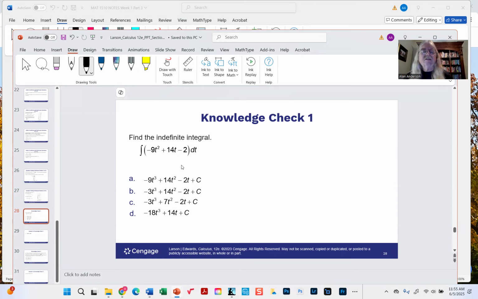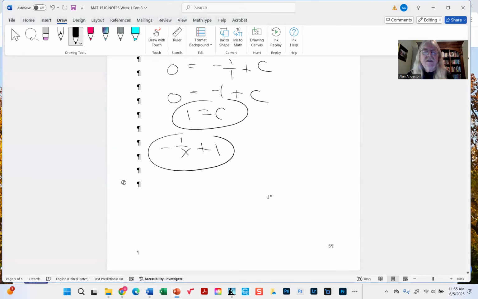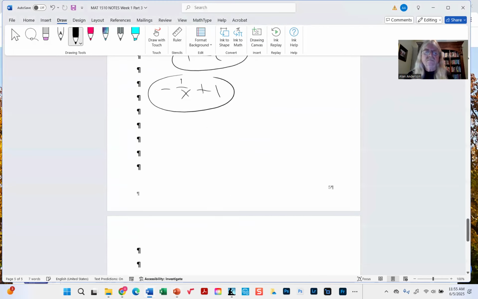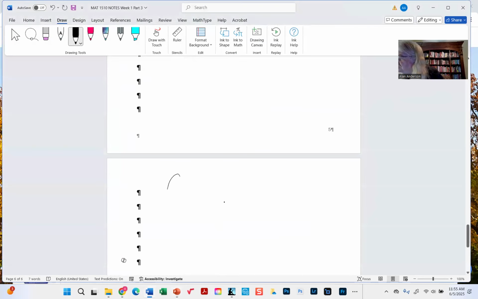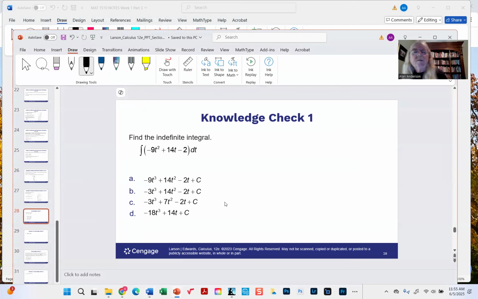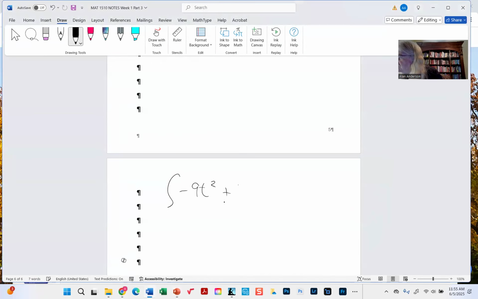So here they're asking us to do this as a practice problem. Negative 9t squared. You see, this is exactly like the ones we've just been doing. Plus 14t minus 2.